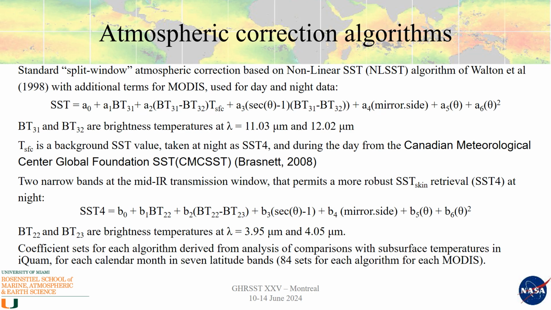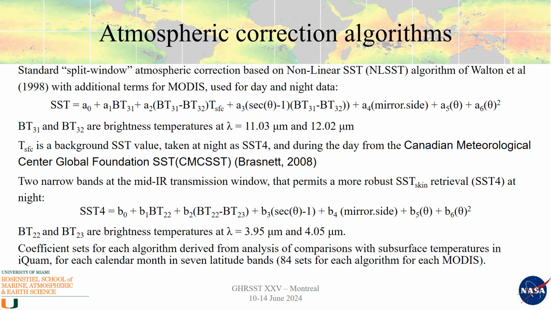Now, the coefficients for each of the algorithms are derived from an analysis of the brightness temperatures and in situ measurements, mostly taken from the NOAA iQuam data. The coefficients are divided by month of the year and divided into 7 latitude bands.